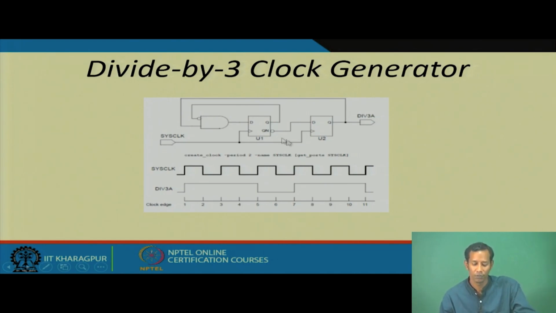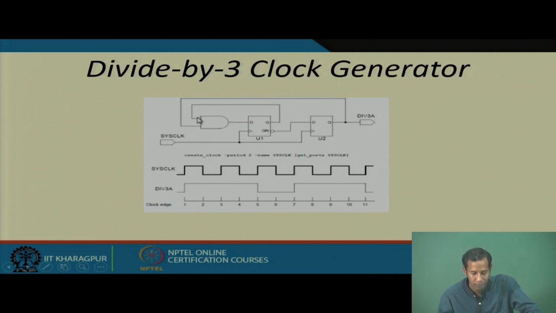For divide by 3, we need two different registers, where the output of the first and the output of the second flip flop are connected to a particular AND gate. And the Q bar is connected to D.